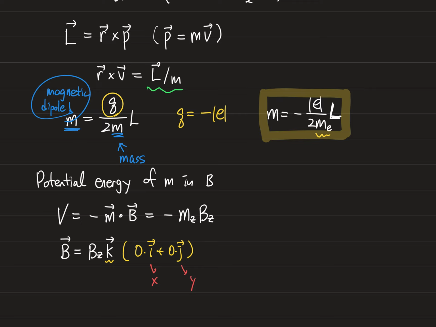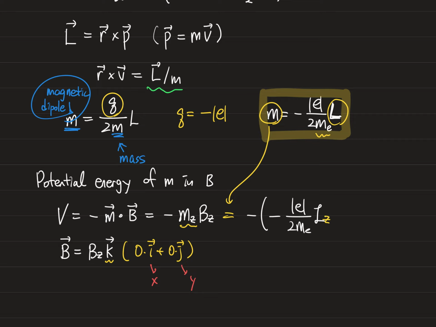And we know the expression for magnetic dipole M, right? So if you introduce that result here, then the minus e over 2me. So now, rather than the total angular momentum, we are going to use the angular momentum along the z axis, because we are dealing with the Mz.